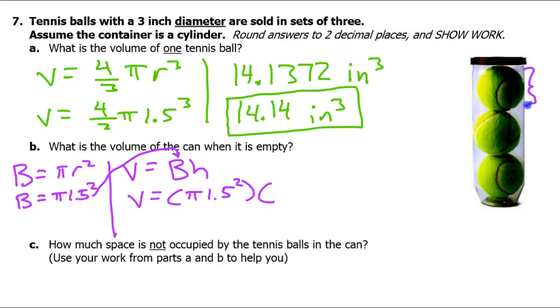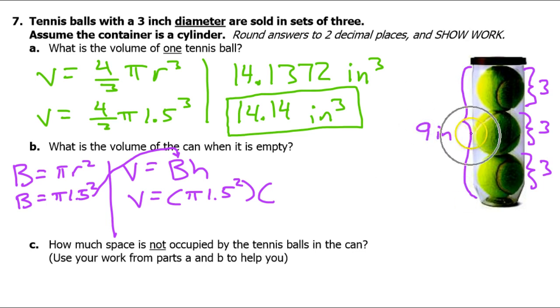This tennis ball right here is 3 inches, we have another tennis ball that's another 3 inches, and a third tennis ball that's another 3 inches. So how tall is the entire can? That is 9 inches, just looking at the stack of tennis balls. So that's the height of the can, so I can just go ahead and put 9.